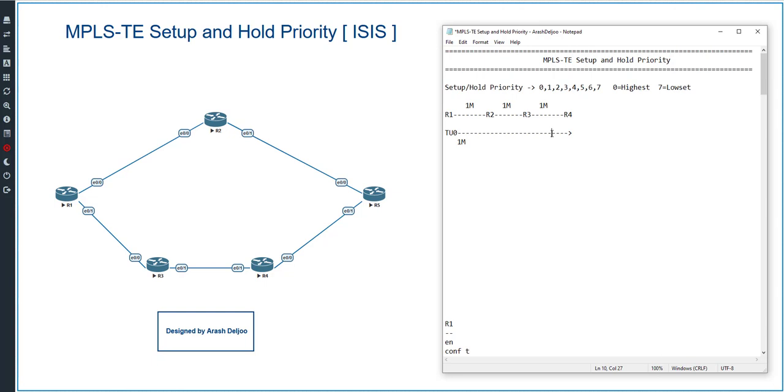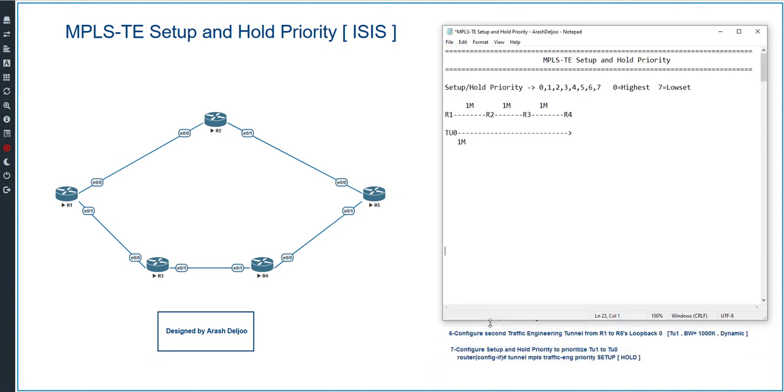Maybe you remember that when we configured the tunnels in the traffic engineering scenarios before this video, we saw a command on the tunnel interface, and I said that I will talk about that in future videos. That command includes the priority for the setup and also hold. We saw this command but we didn't talk about it: tunnel MPLS traffic-eng priority setup hold.